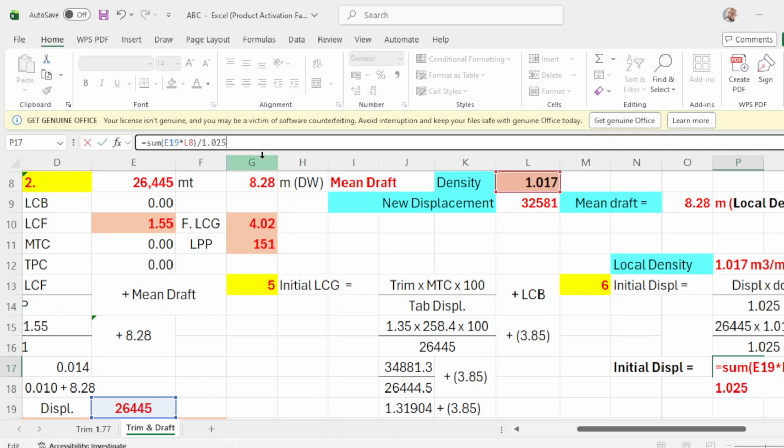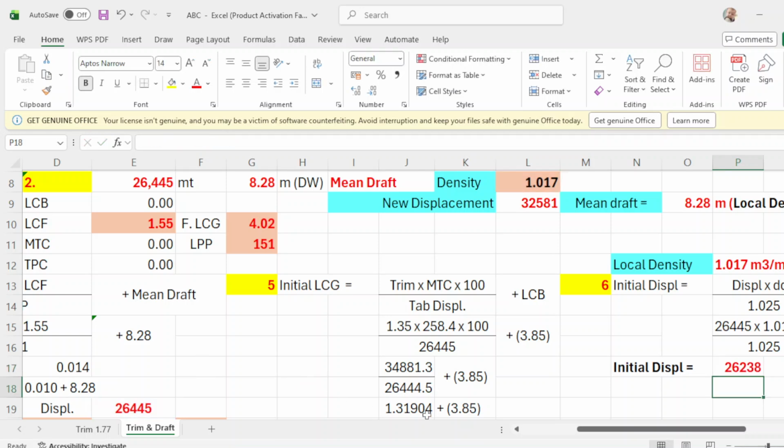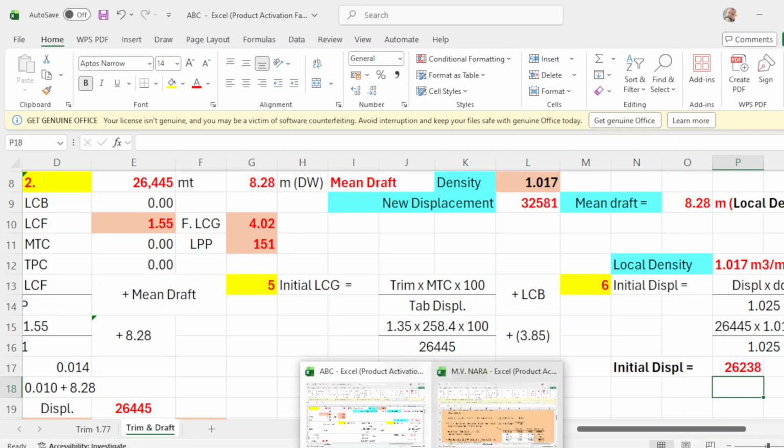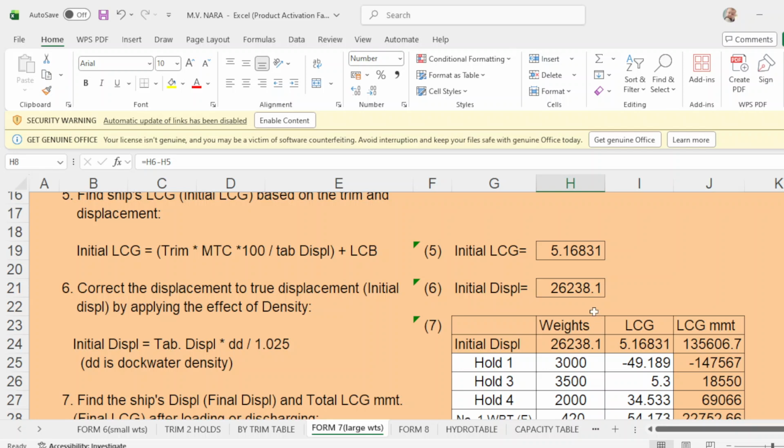You see the formula here? Then press enter. That will be 26238. That is your initial displacement.